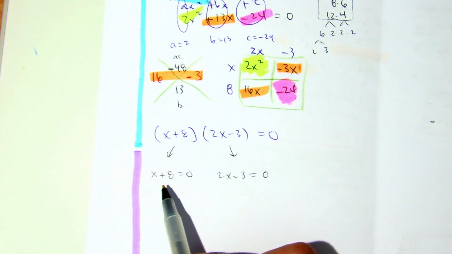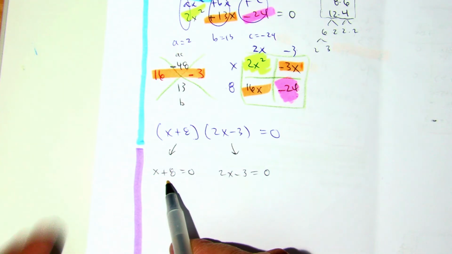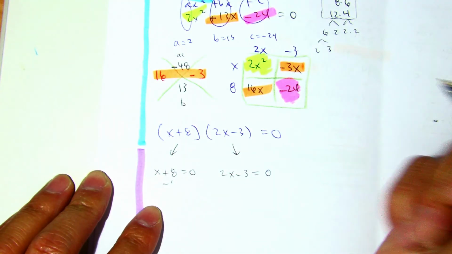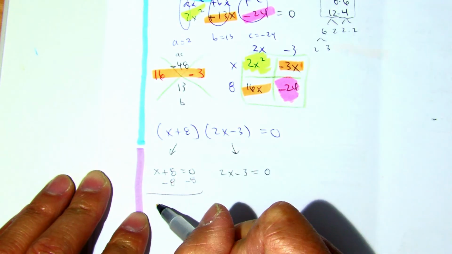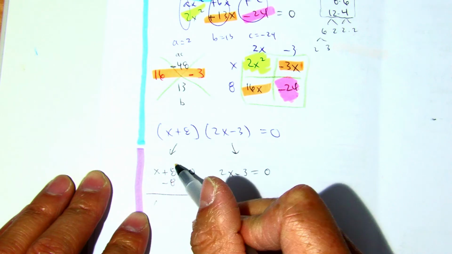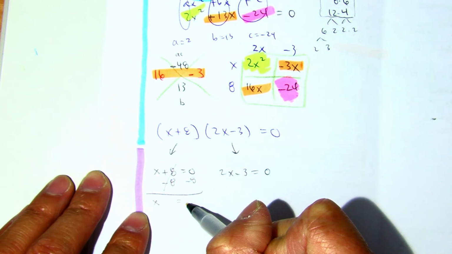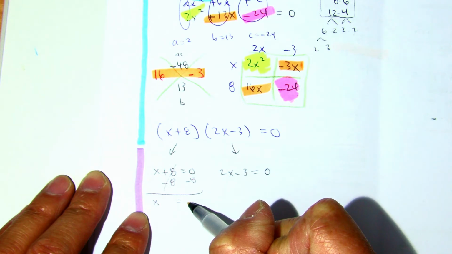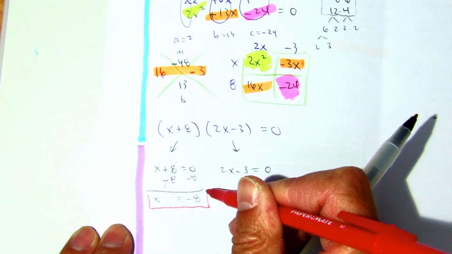Luis, can you solve this one? Subtract 8. What did you say? Minus 8. What do we have left? That's 0 equals negative 8. Raise your hand if you got x equals negative 8.